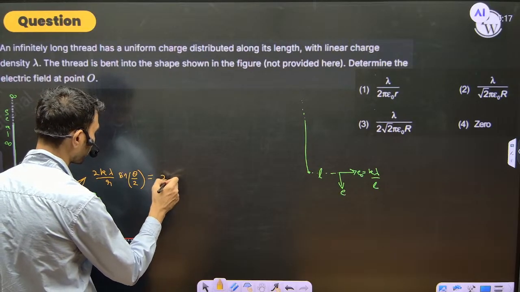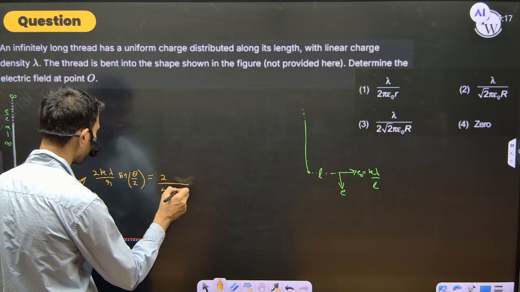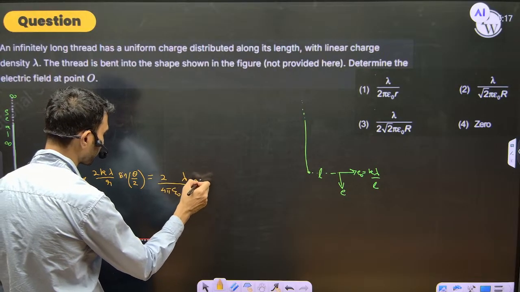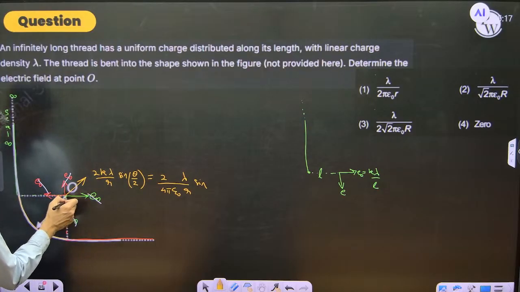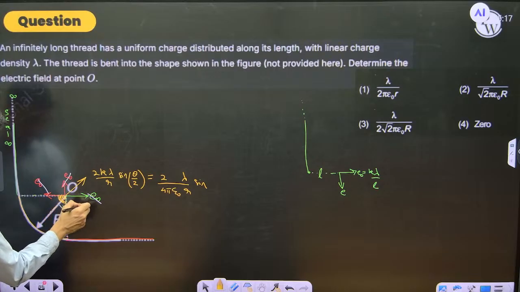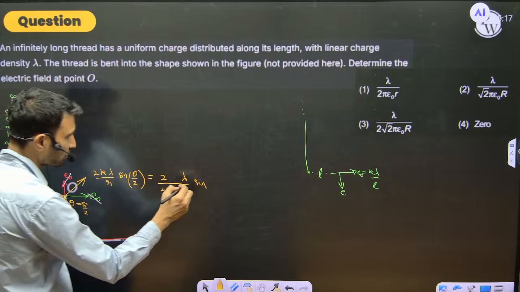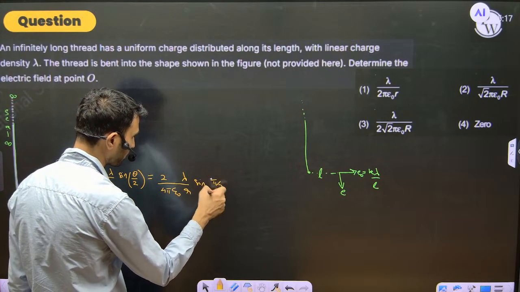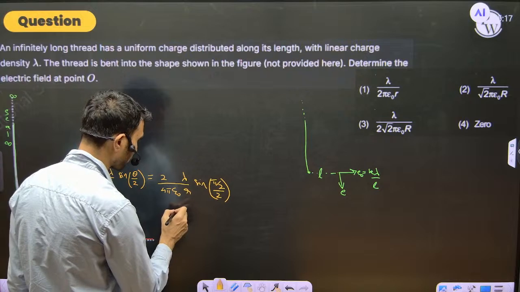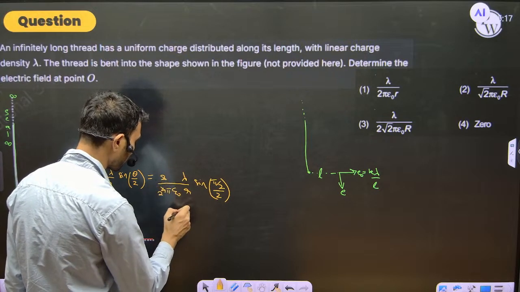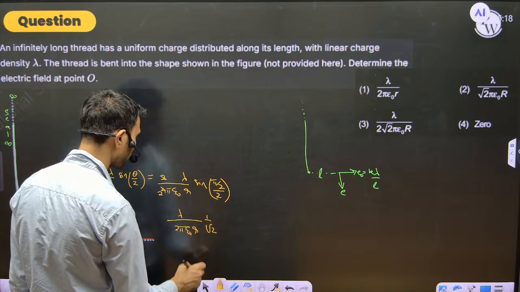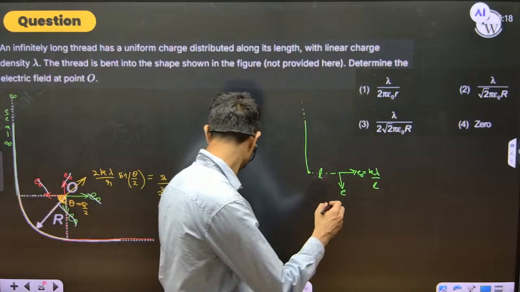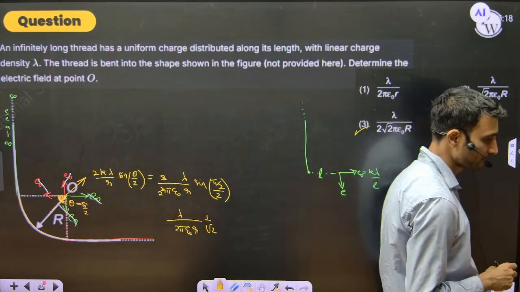It will be 2 divided by 4 pi epsilon naught into lambda upon r into sine of, what is theta? Theta is this total angle, right? Theta is equal to pi by 2. So that will become pi by 2 by 2, which is sine pi by 4. And that is lambda divided by 2 pi epsilon naught r into 1 by root 2. So which option is it? This is it.